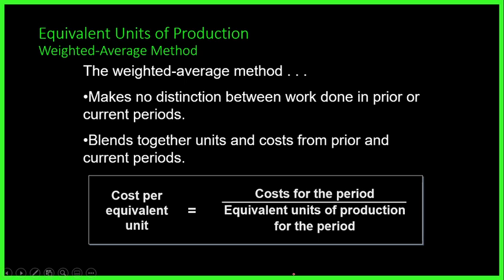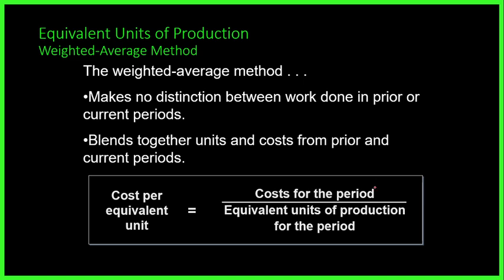And for weighted average method, you have your cost for the period, divided by your equivalent units of production for the period. Okay, now take note that most of the time when we talk about cost for the period, we are just referring to your total manufacturing cost for this period.